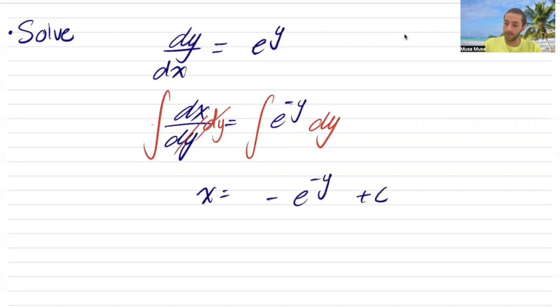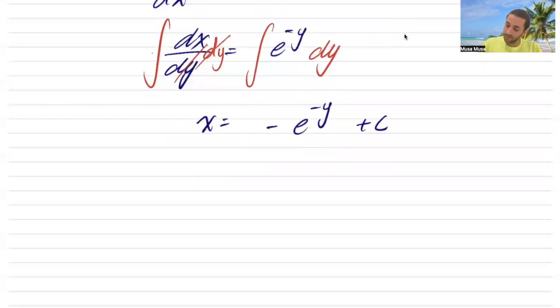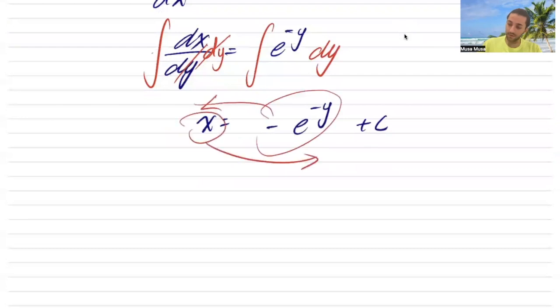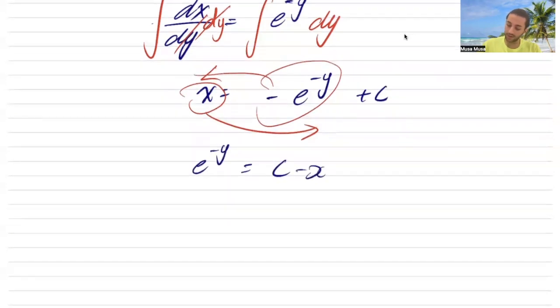Okay. And then let's move this thing over, move that over. And we get minus y equal, what am I doing? E to the minus y equals minus x plus c, or c minus x, and minus y equals ln of c minus x.